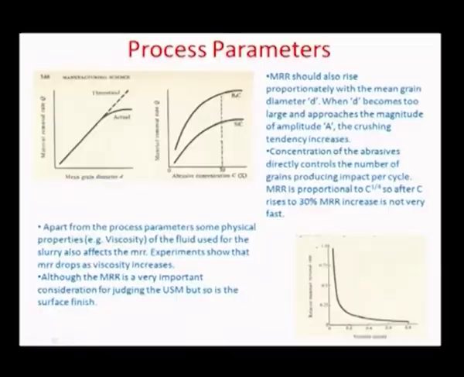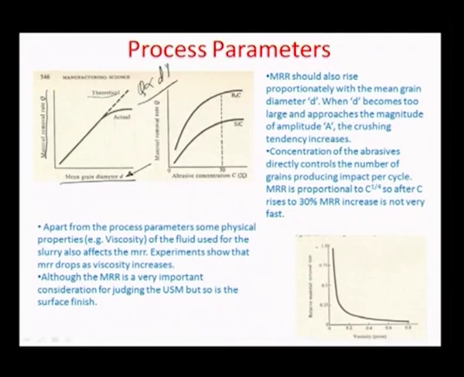And so there are certain other aspects which I would also like to point out here. For example, if we talk about how the variation of material removal rate would be with the mean grain diameter, it is obvious to assume that as the grain diameter increases, the material removal rate theoretically should be proportionally increasing, as you already have mentioned earlier that Q is proportional to the mean grain diameter D. But again the important aspect of grain crushing comes here, because if the grain is too high in diameter, there is a tendency of the tool to crush or start crushing the grains, as you can see here.